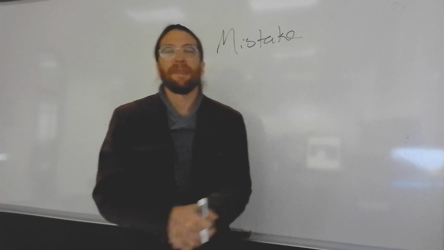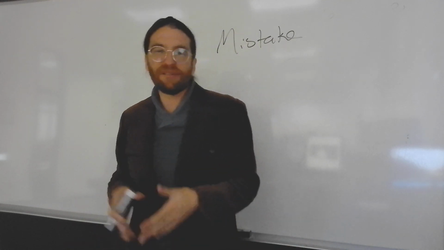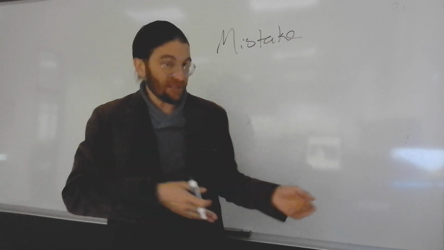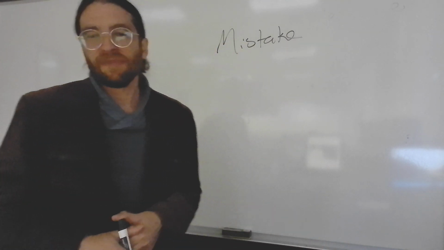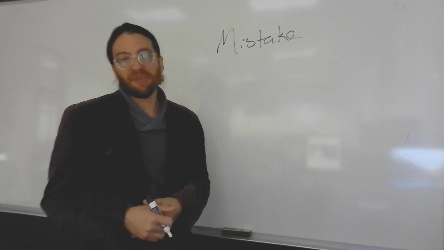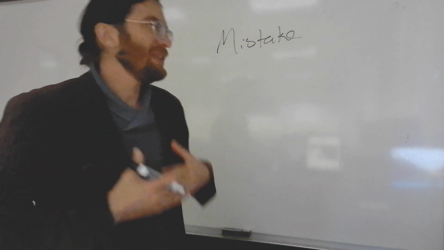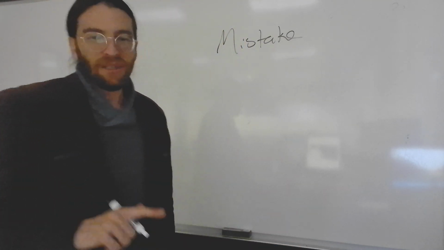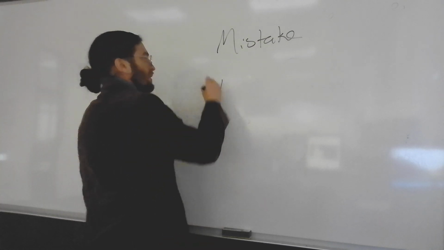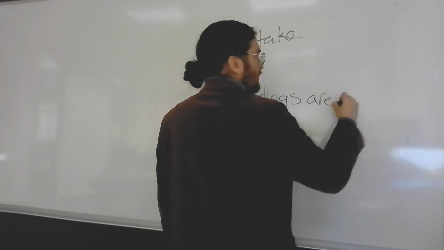Another mistake is using the when talking about things in general. Not specific, but in general. For example, if we're just talking about dogs, we like dogs. In general, we would not say the dogs are friendly.